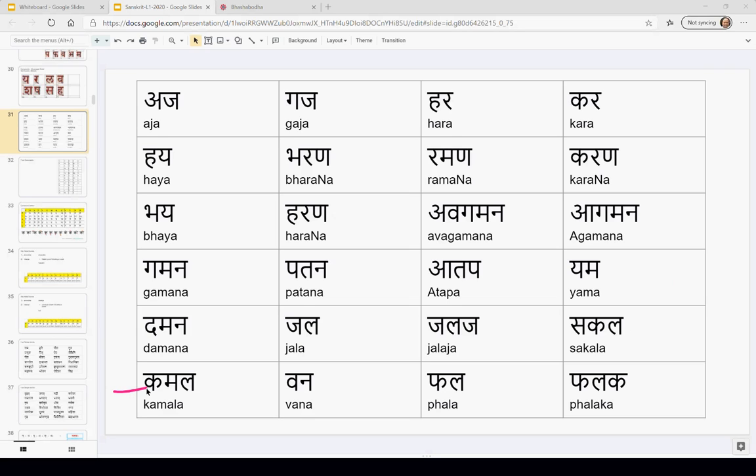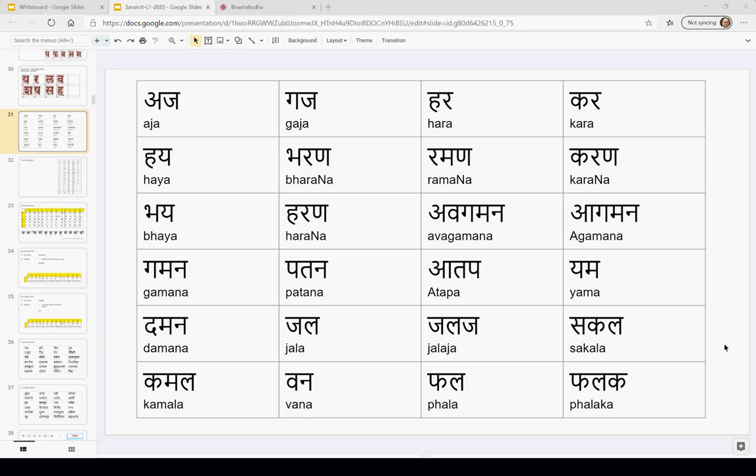Last line. Shiva: Kamala, Vana, Phala, Phalaka. Thank you.